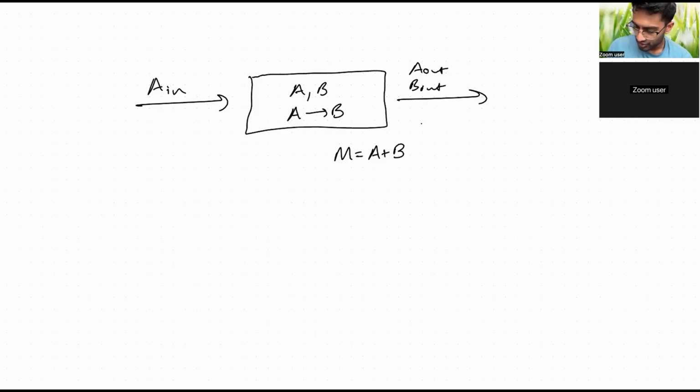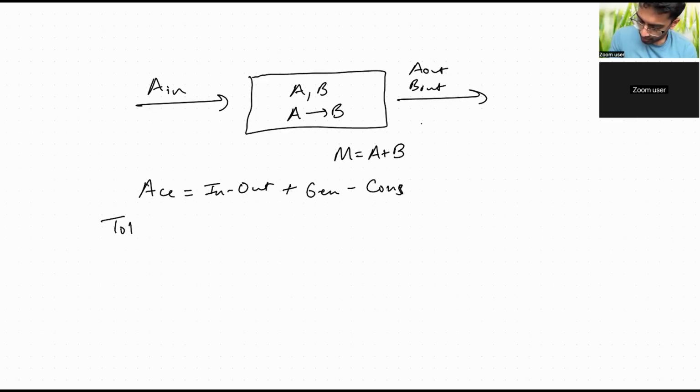So we have accumulation equals in minus out plus generation minus consumption, as we stated before. So total mass balance, so the accumulation term or the change in mass over the change in time, is equal to the mass in minus the mass out.